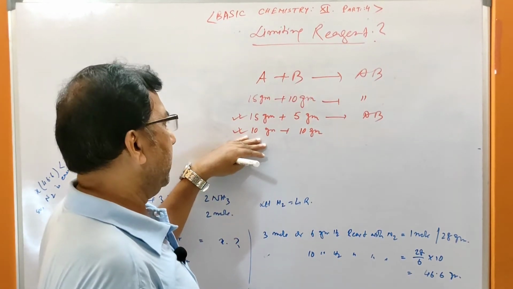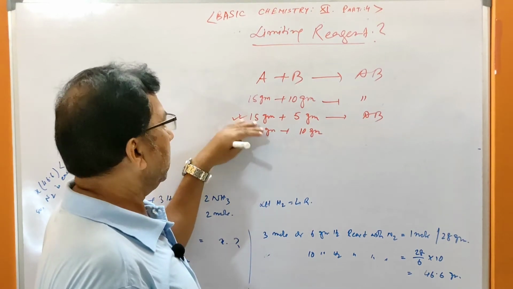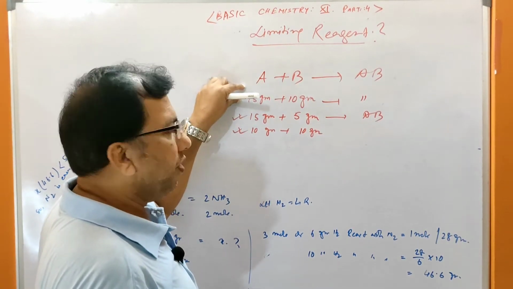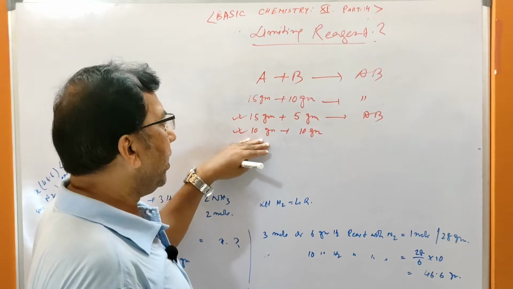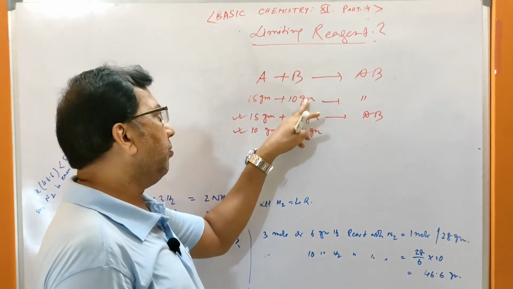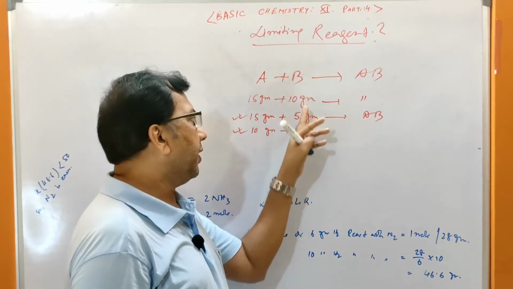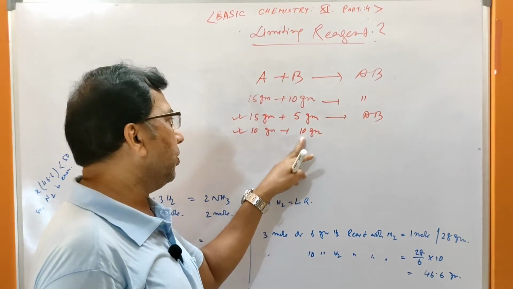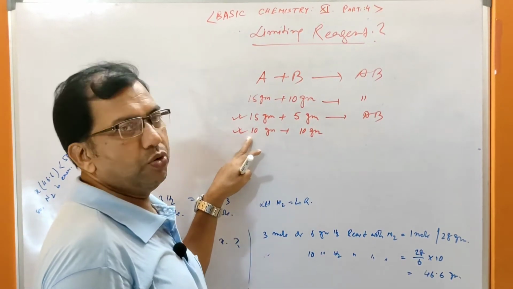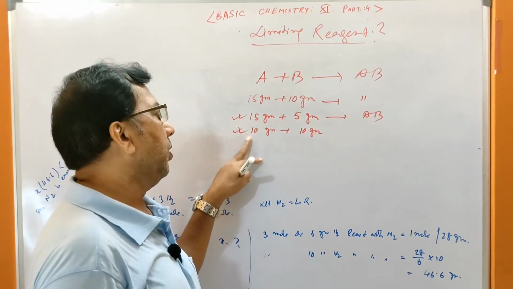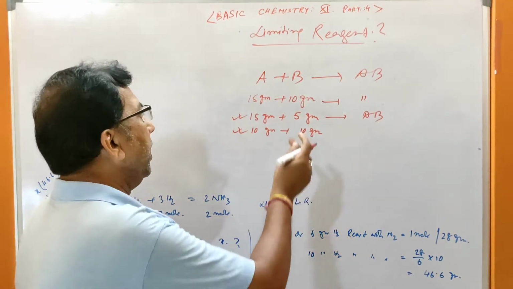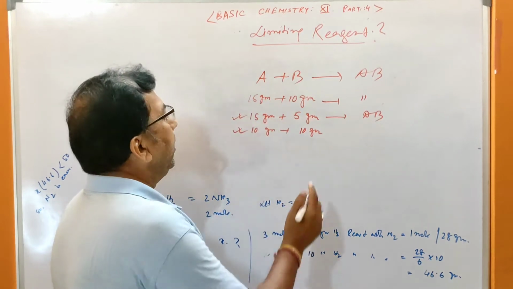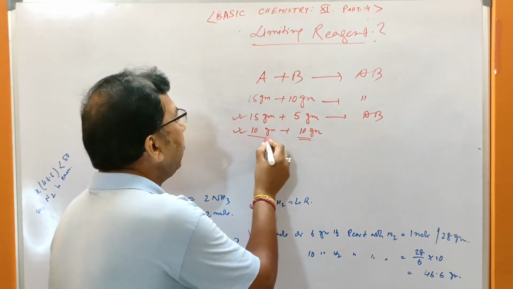Or in this case, A is required 15 gram, A is given 10 gram, B is required 10 gram, B is given 10 gram. That is correct. The one that is less will be the limiting reagent. Because 15 gram is required, here there is only 10 gram.